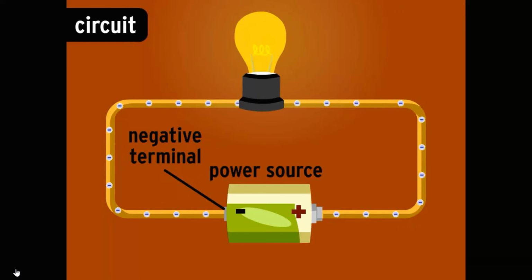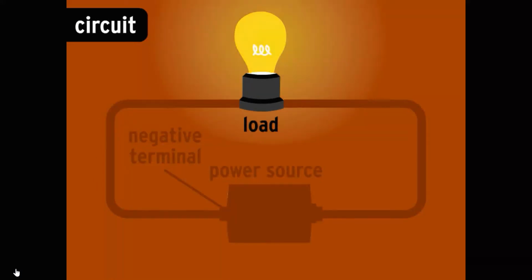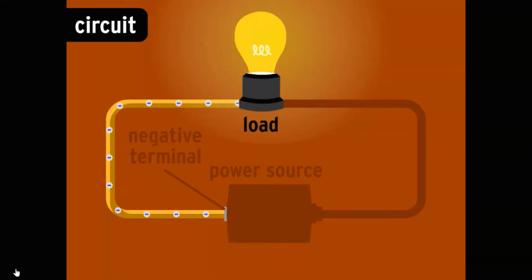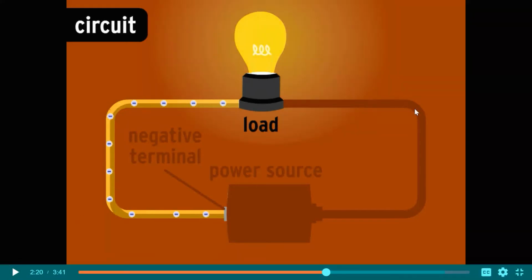Along the circuit's path, there's usually a load, a device that uses electricity. Electrons flow through the device, giving it power. Now remember, our electrical current flows out of the negative terminal, out of the negative end of the battery, into the positive end.